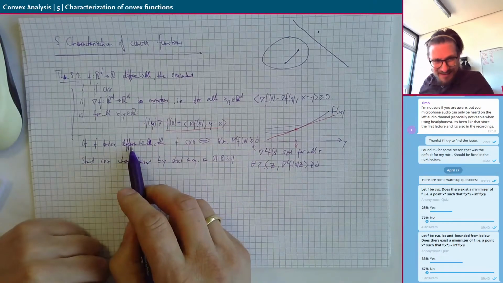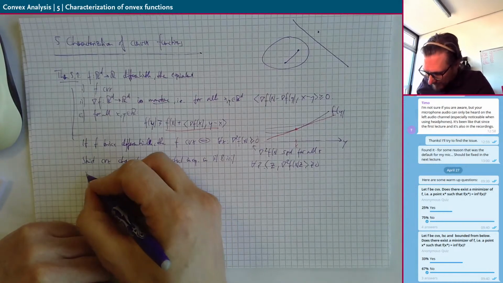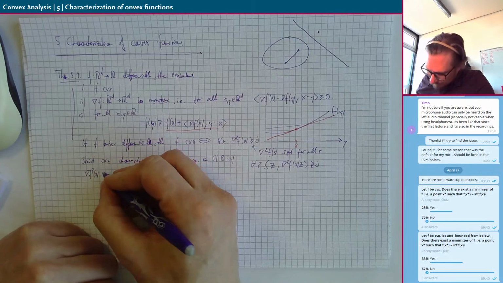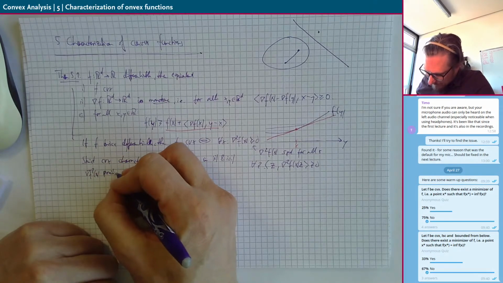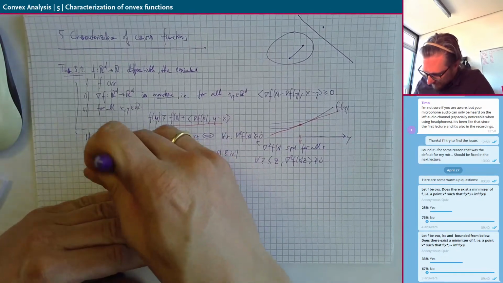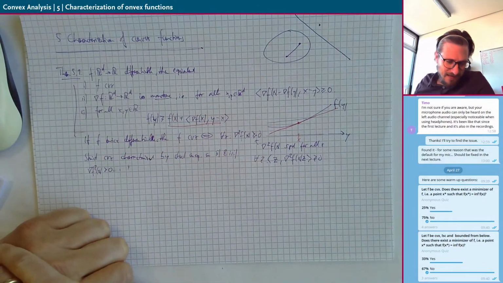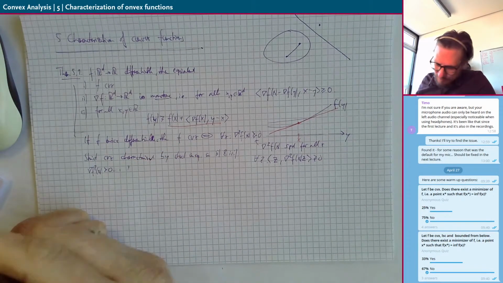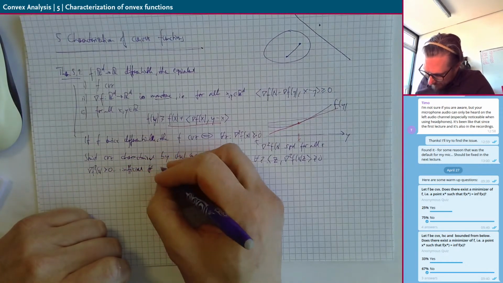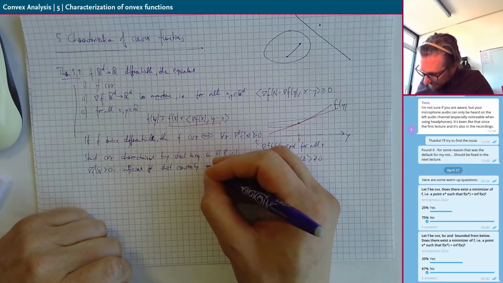Here, in the twice differentiable case, it's a little bit more complicated. If the Hessian of f is positive definite, it's sufficient for strict convexity, but not necessary.